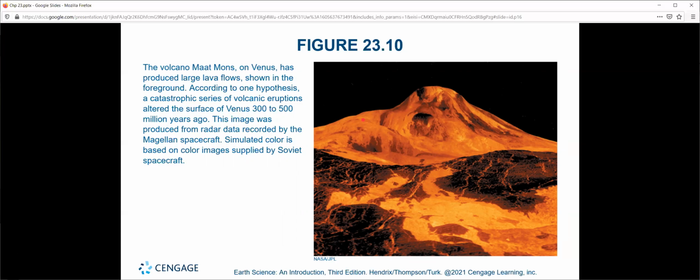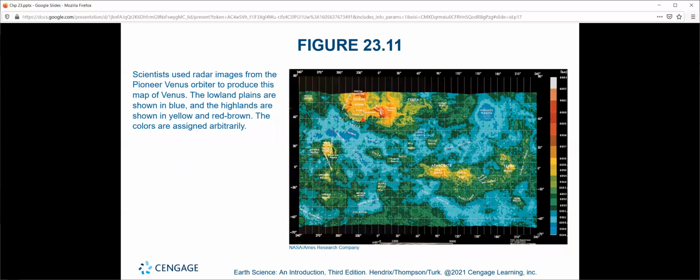Possibly that's a reason for why Venus exists in the form that it exists, but more research needs to be done to understand what Venus is and how Venus exists in the form that it exists. Still, very cool things to think about. Why does Venus happen the way it happened?